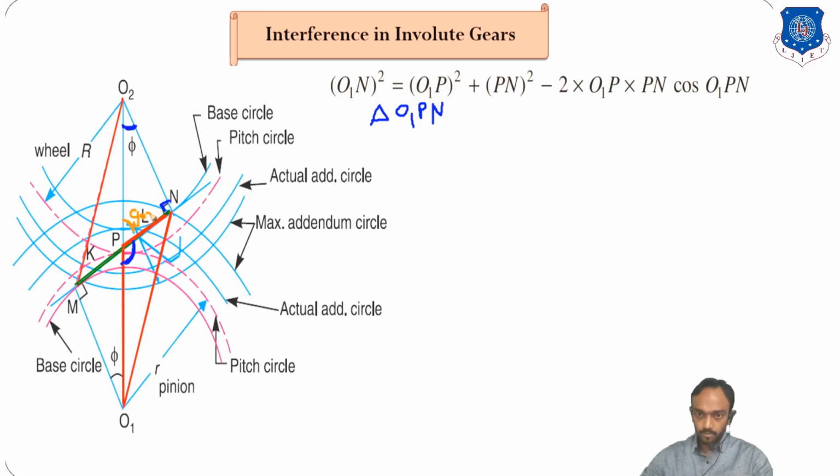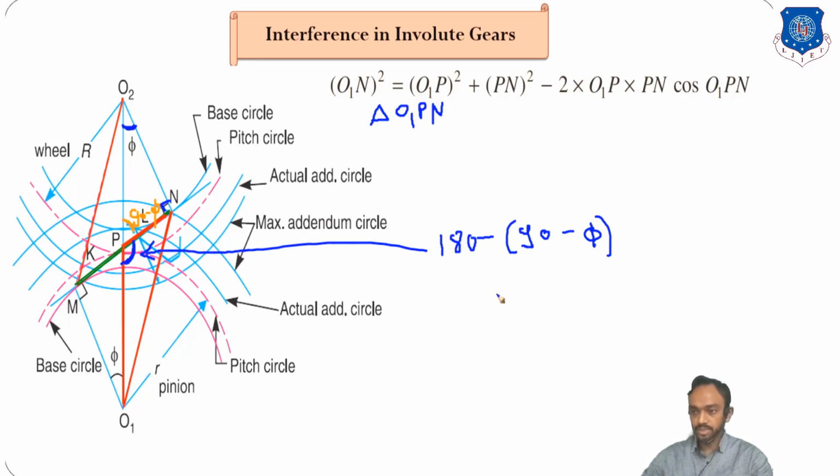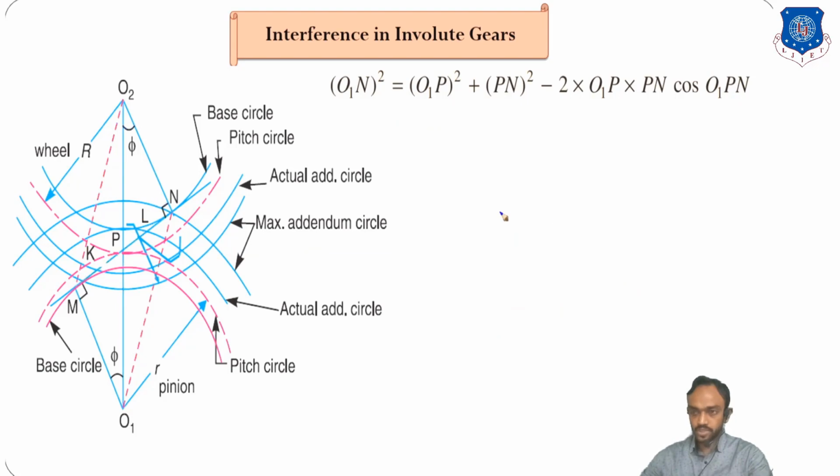So this angle will be 180 minus (90 minus phi), which is 90 plus phi.